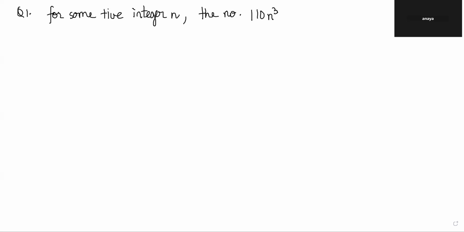First one is: for some positive integer n, the number 110 n cube has 110 positive divisors, including one and the number itself.